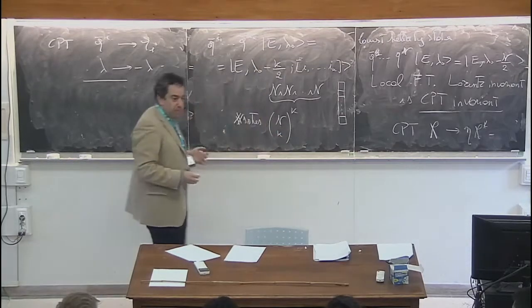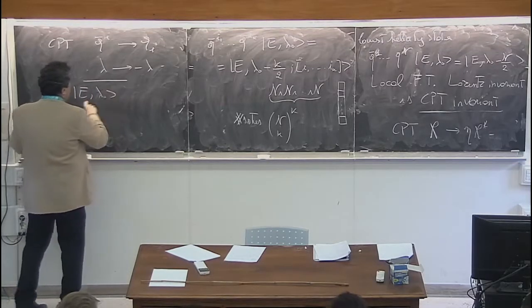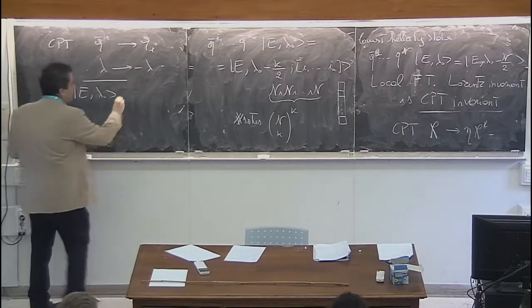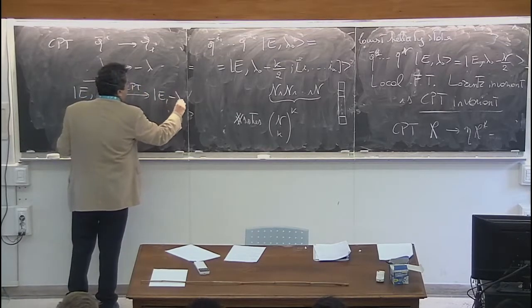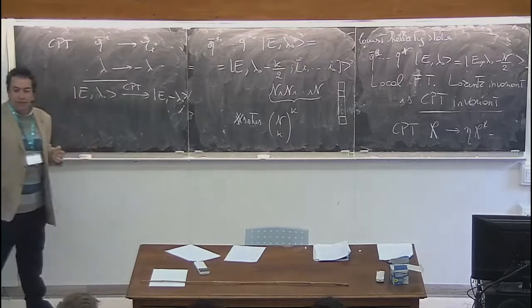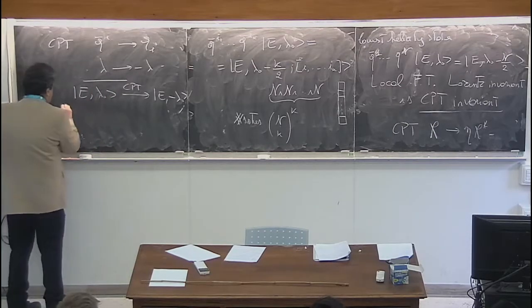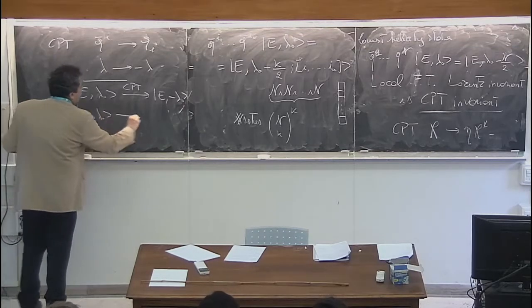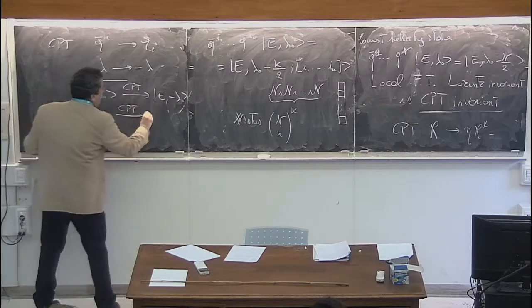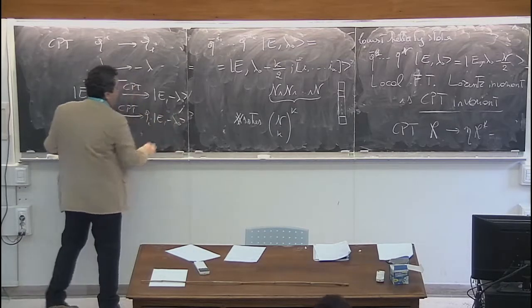In particular, if the representation contains the ground state E lambda naught, it should also contain its CPT conjugate. If it contains qi E lambda naught, it should contain also qi E minus lambda naught, and so on.